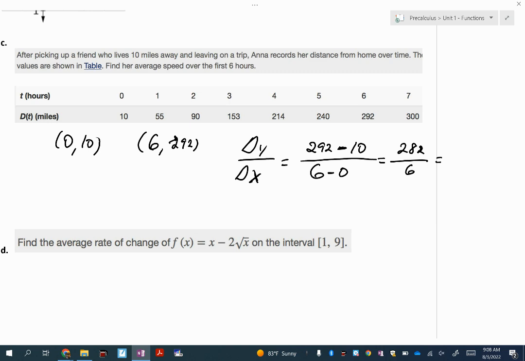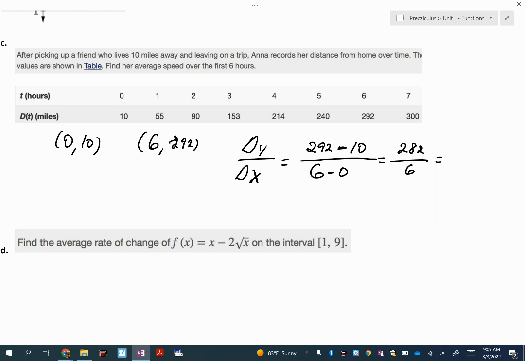This was not something I was thinking about, obviously, because I'm just driving. But this idea of 282 over 6 is saying that after 6 hours, she is 282 miles from home. So if she drove another 6 hours, we would expect her to be another 282 miles from home.